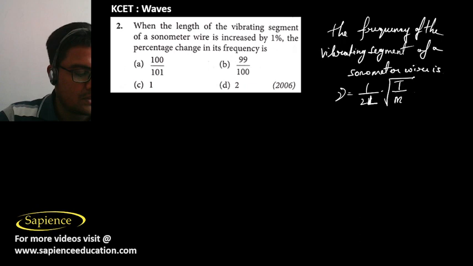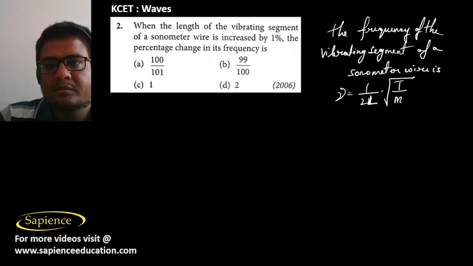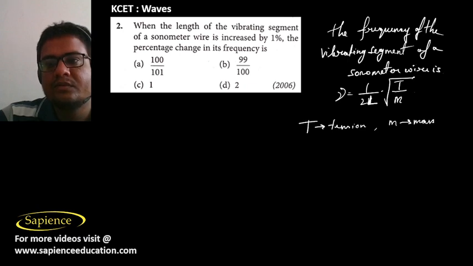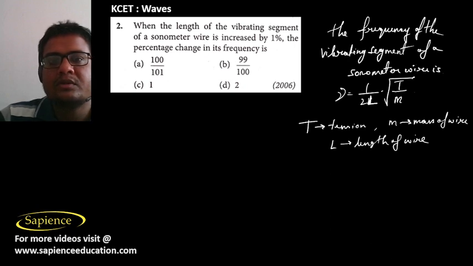Here mass will remain constant, and T is the tension in the wire, M is the mass of the sonometer wire, and L is the length of the sonometer wire. Here it is told the length of the vibrating segment is increased by 1%, and we need the percentage change in the frequency.